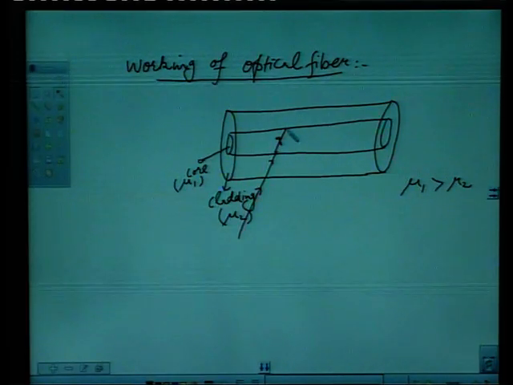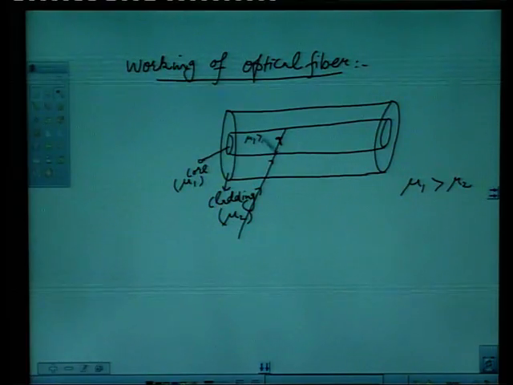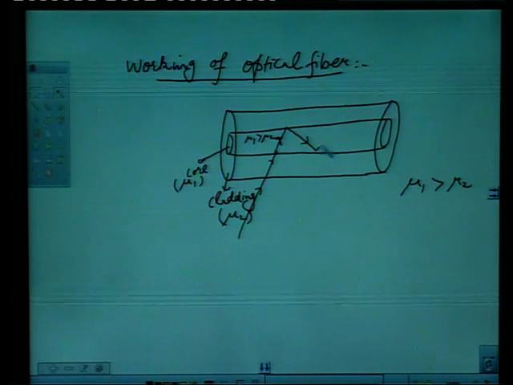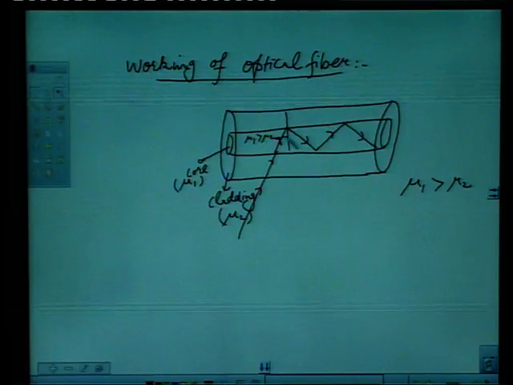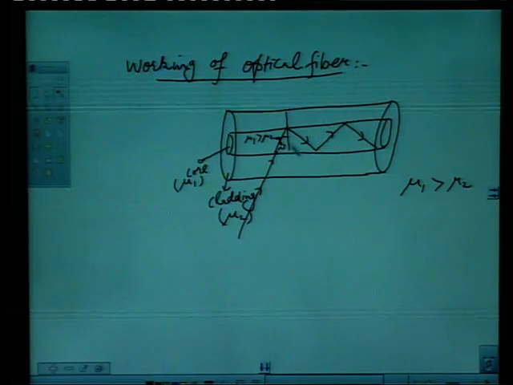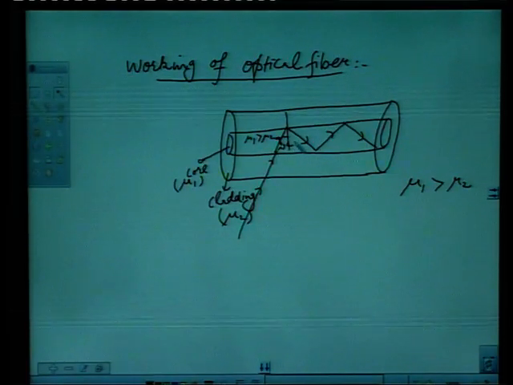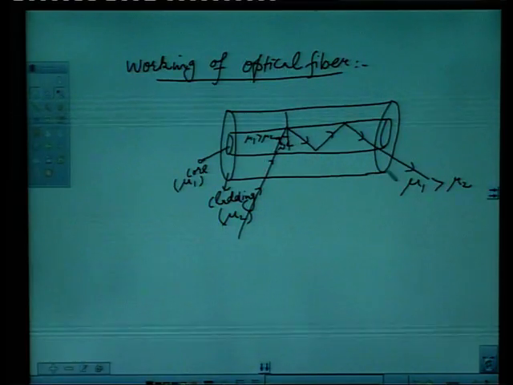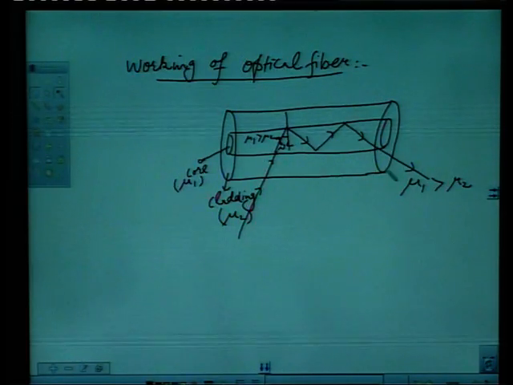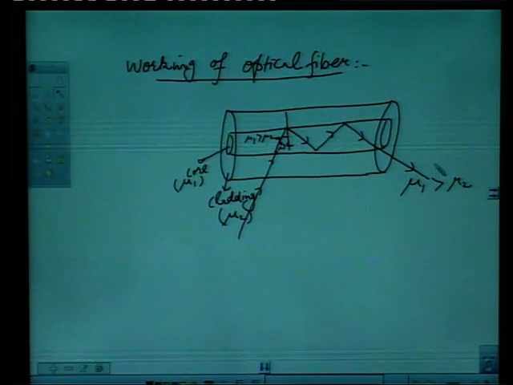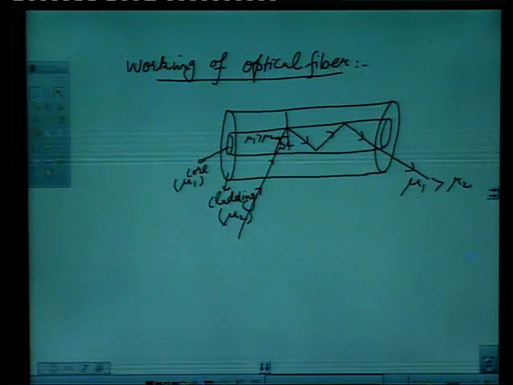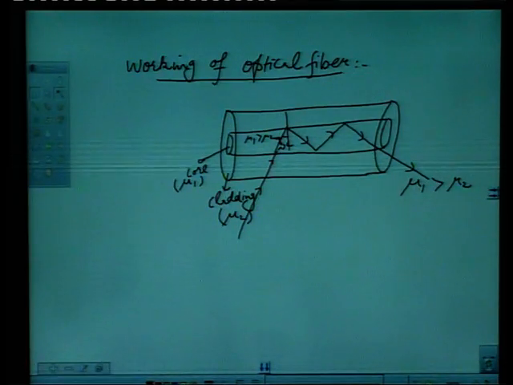We know that mu1 is greater than mu2, so it will remain inside the core. The angle of incidence here is greater than the critical angle. So there will be multiple total internal reflections inside the optical fiber, and the light will come out without suffering any loss. So this is the working of the optical fiber.